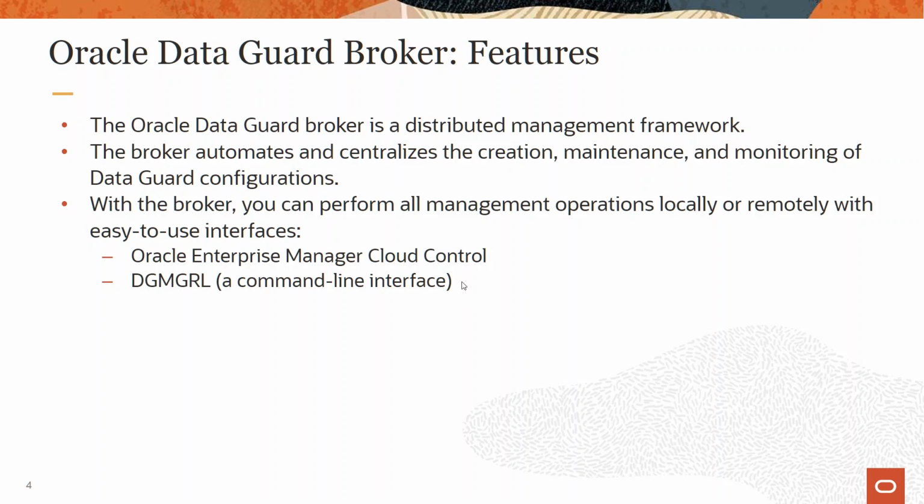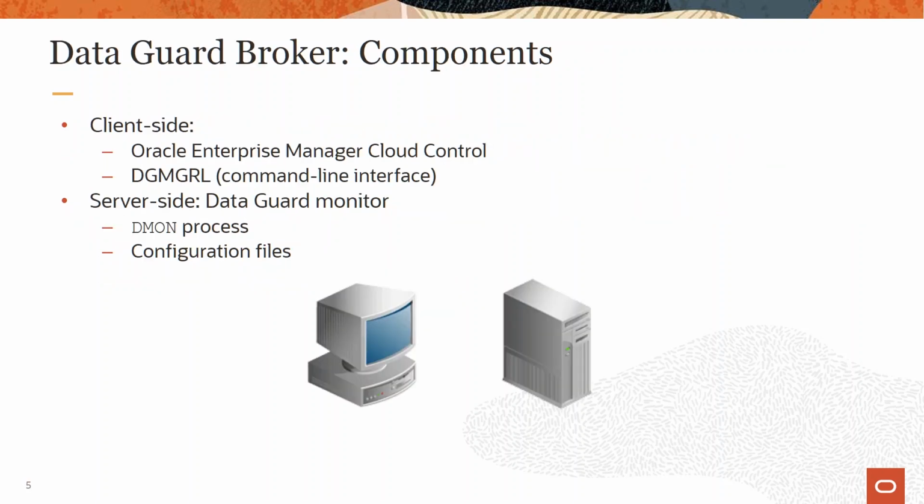So let's take a look at Data Guard Broker component. In the client side, we as administrator, we can start Enterprise Manager, and under database homepage, you navigate to availability menu and Data Guard administration page. So in Enterprise Manager, give you Data Guard Broker interface.